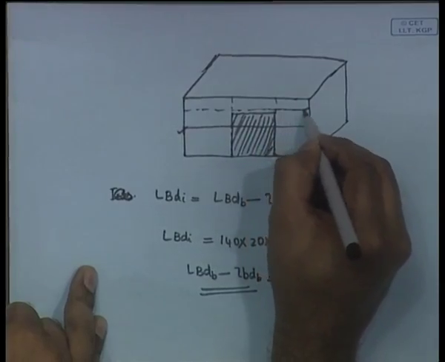So, to get the volume of water, it is l, the length of that compartment, b, the breadth up to which the compartment is filled up, into the height up to which the water can fill up, which is actually the height of the flat. It does not dip up to the total height of the water line, because the height of the water line comes up to this in this problem.